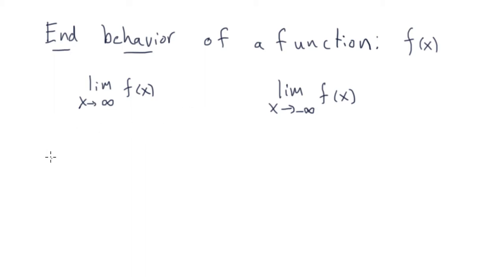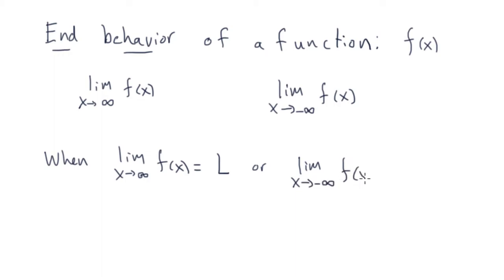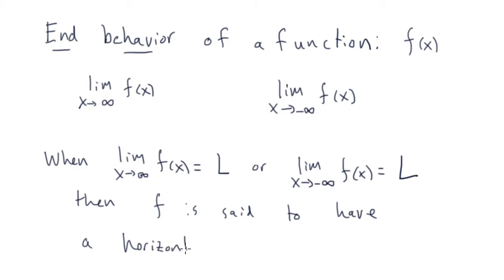But in the case that one of them equals a number, so the limit as x goes to infinity of f of x equals some number L, or the limit as x approaches minus infinity equals L, then f is said to have a horizontal asymptote at y equals L.